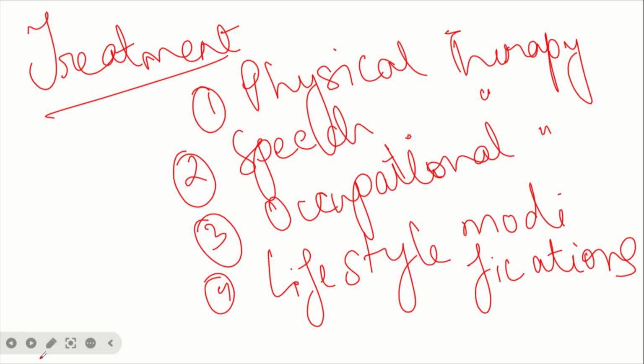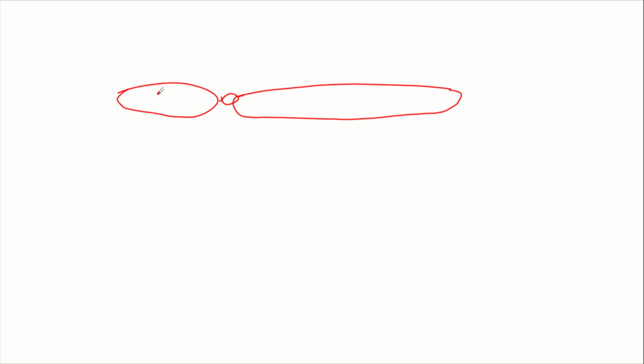So this was all about Huntington disease. If you want to see how it looks on chromosome 4, it looks like this. Chromosome 4 looks like this, and it is in the short arm, and it will be somewhere here.